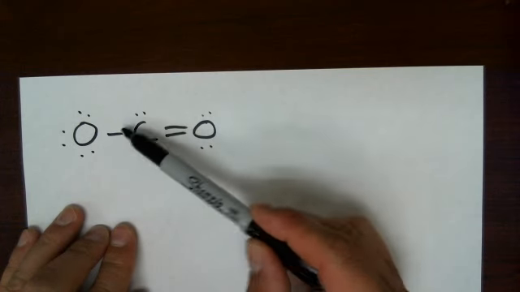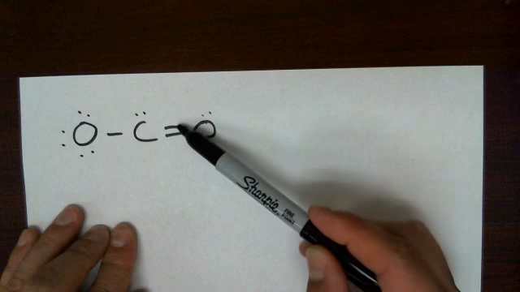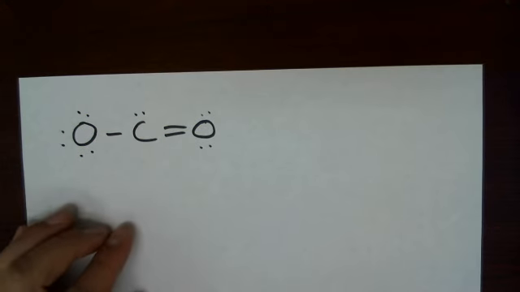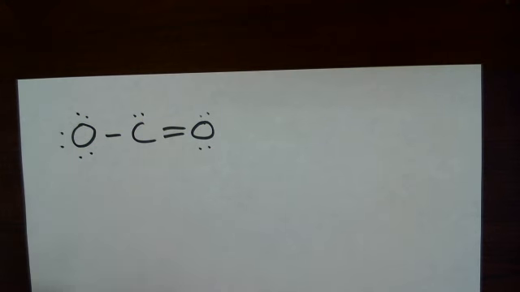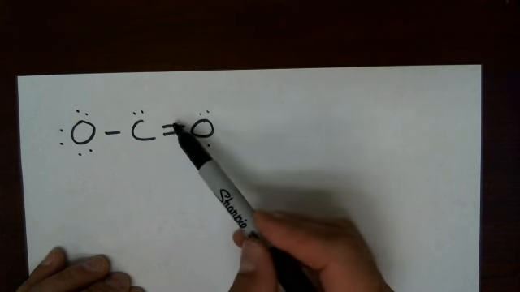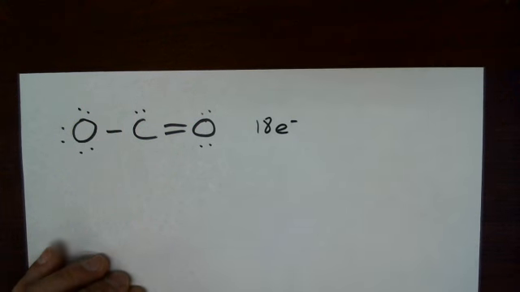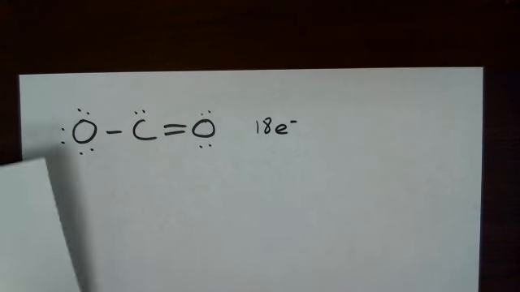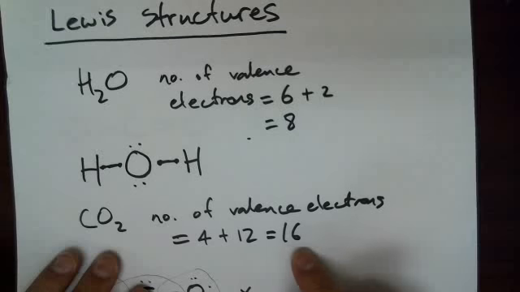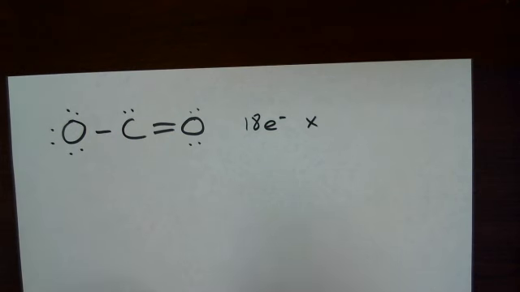Carbon's got 2, 4, 6, 8. And this oxygen has 2, 4, 6, 8. Then we just add up the total number of electrons, which is going to be 2, 4, 6, 8, 10, 12, 14, 16, 18. So this is 18 electrons. But we know that we really need 16 electrons. So this one is also incorrect. We have too many electrons.